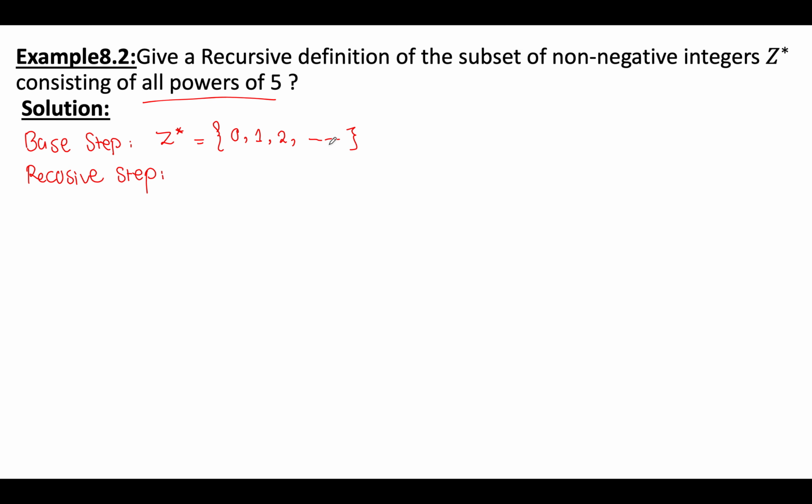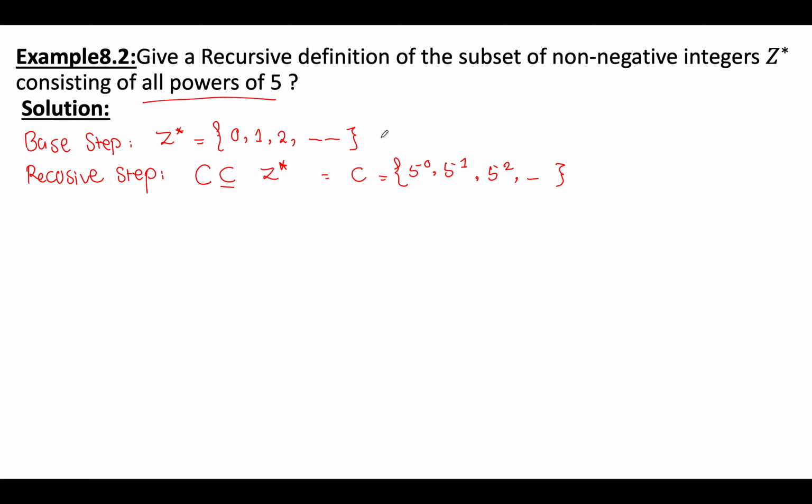Now in the recursive step, we can see that, let's say C is a subset of Z plus, where C is equal to the powers of 5. And the powers of 5 are 5 to the power 0, 5 to the power 1, 5 to the power 2, and so on.